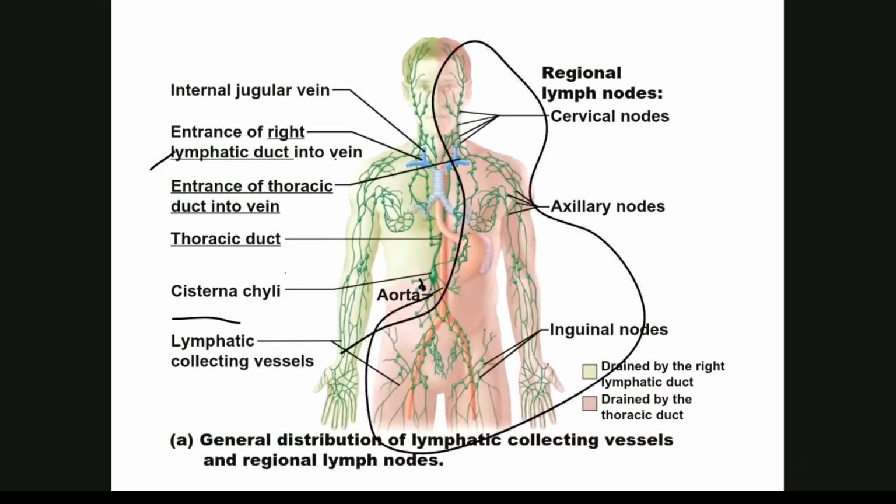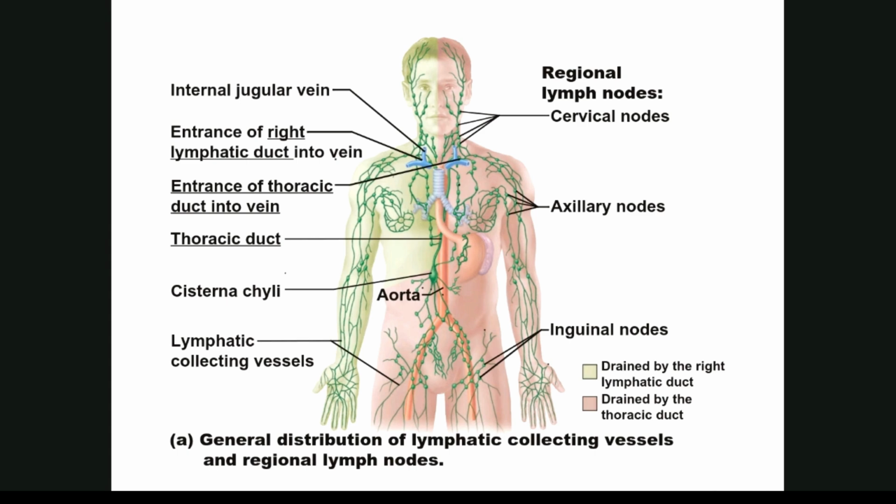Again, another asymmetry in the human body. And all these little blobs along here are lymph nodes. You see a lot of lymph nodes in the inguinal areas, elbow, axillary areas, along the throat. And these nodes filter the lymph.